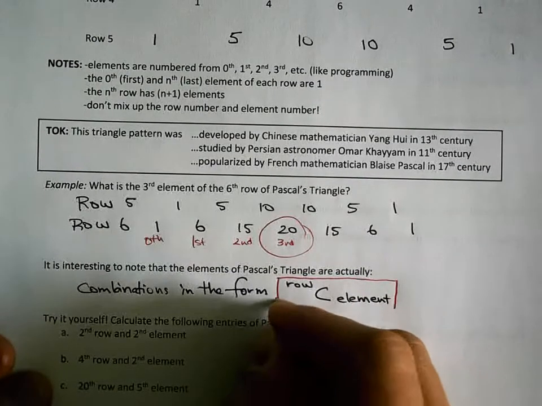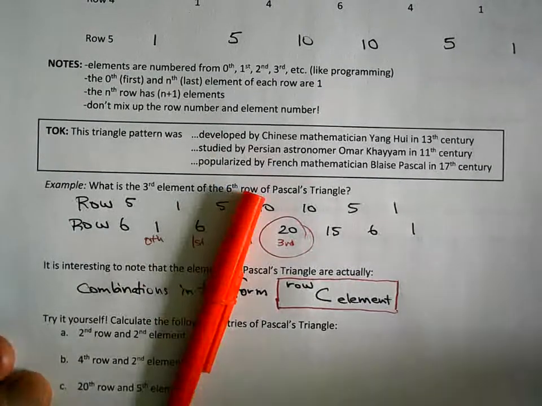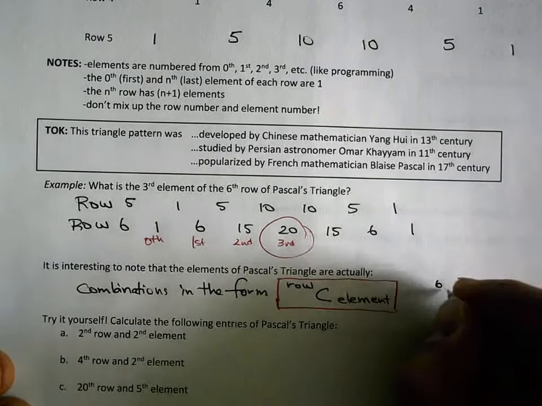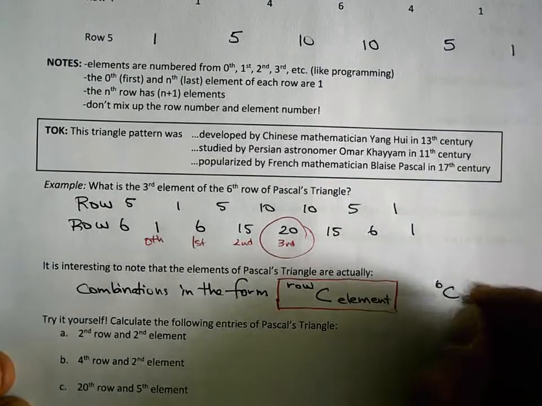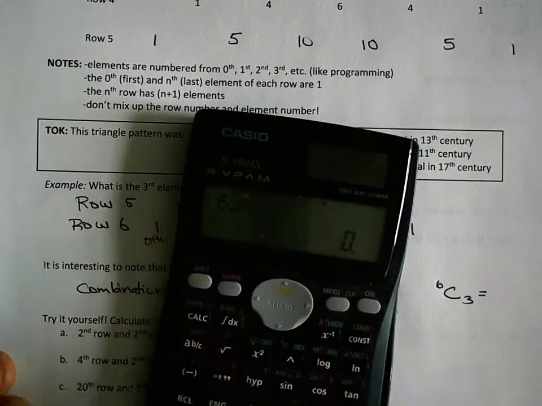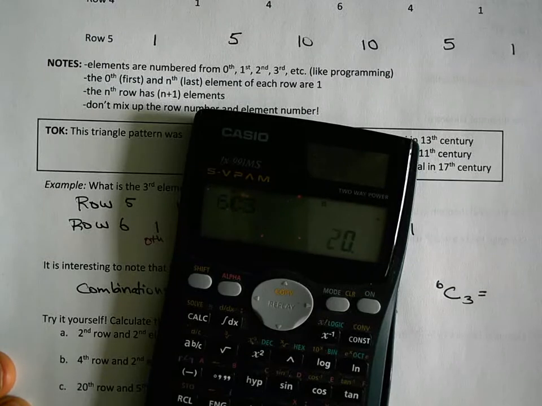Wow, so it links back to our combinations lesson yesterday. If I want to know row 6, element 3, I go 6 choose 3. I type that into my calculator, 6 choose 3, and that gives me 20.